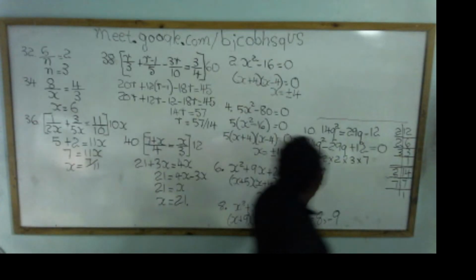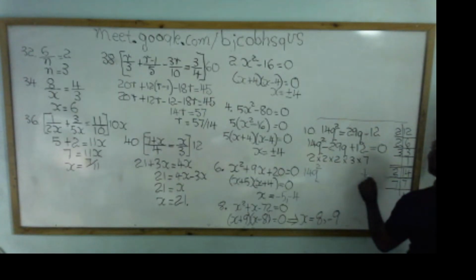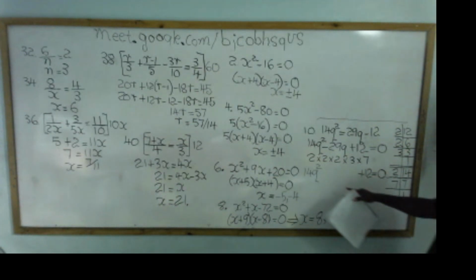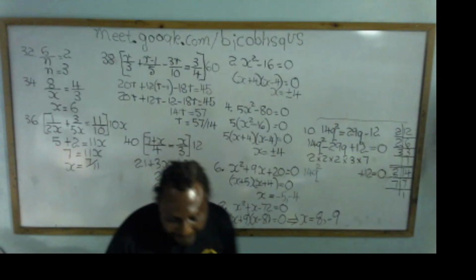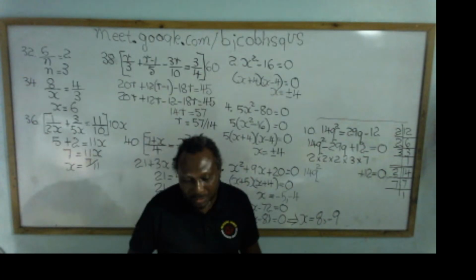Because what we should really have is this: 14q squared, something, and then plus 12, equals 0. Because we are factorizing by grouping, what two numbers should go inside here? As I said, it's a giveaway. What are the two numbers to form the two new coefficients?